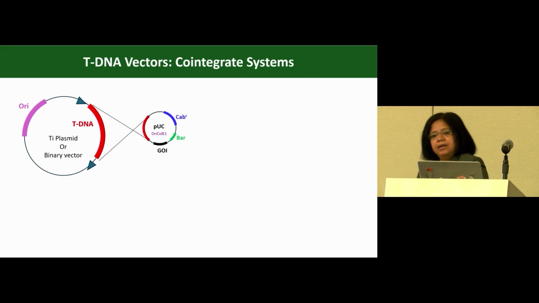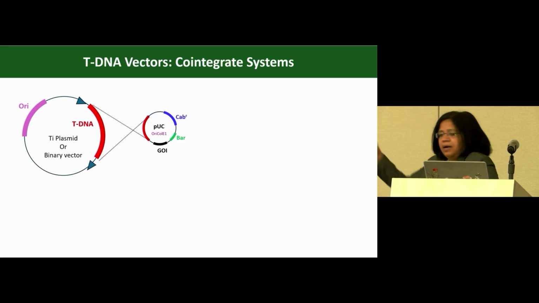Whether it is a binary plasmid or a Ti plasmid, it can function as both, but when research was early on and things were developing, it was the Ti plasmid which was integrating these components.